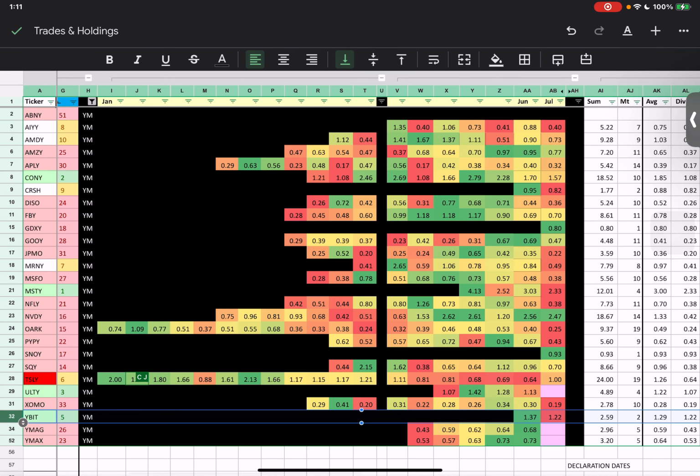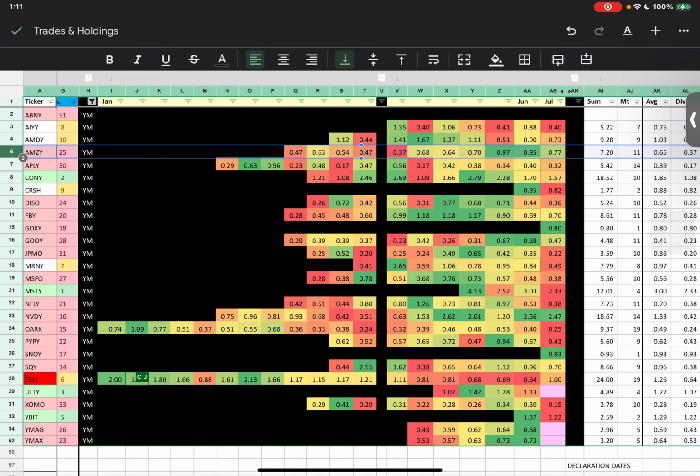Now, let's look at some of these green ones. So we do have AMSI here, a little bit green at 77 cents, so it's a little less than the last couple of months. But it would be the third highest looking at overall, because the last 2 months have actually been pretty high. And then GDXY down here, of course, that's the first month, so it's going to be green.